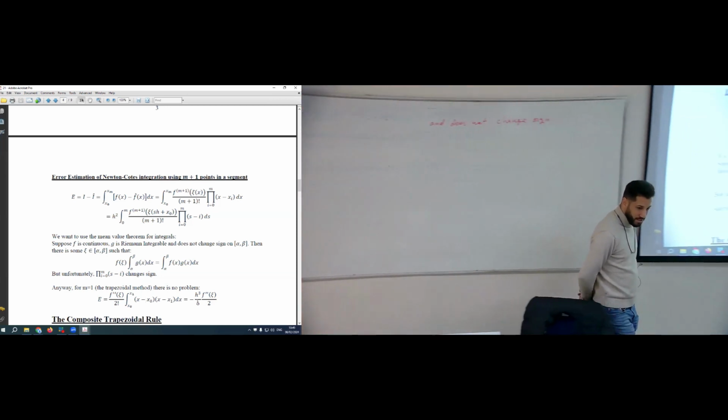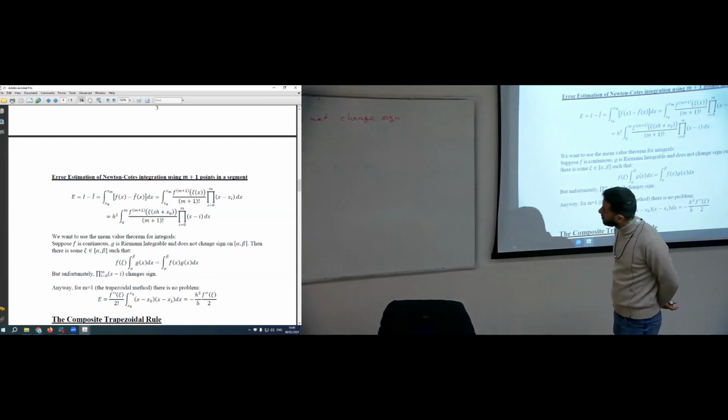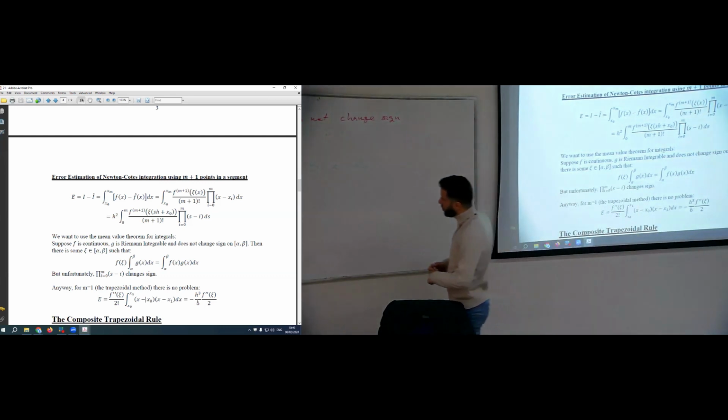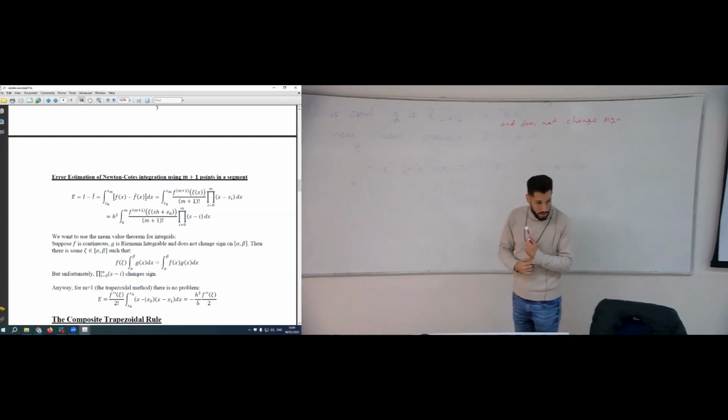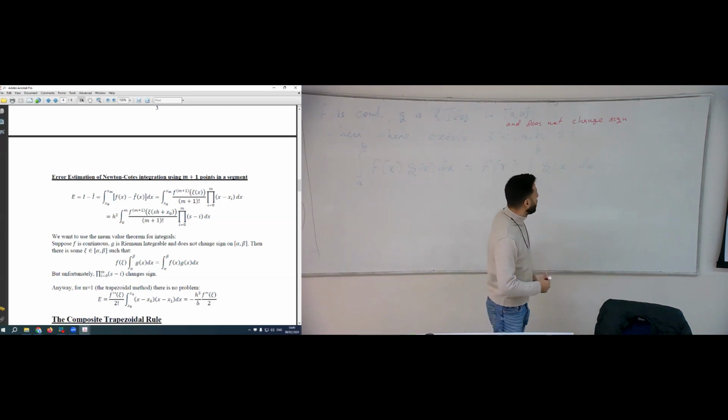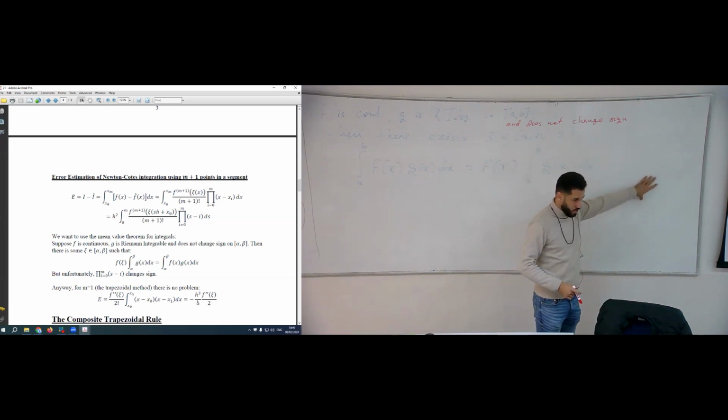Why can't g change sign? You write that g does not change the sign. Why? You can think about it graphically, okay?